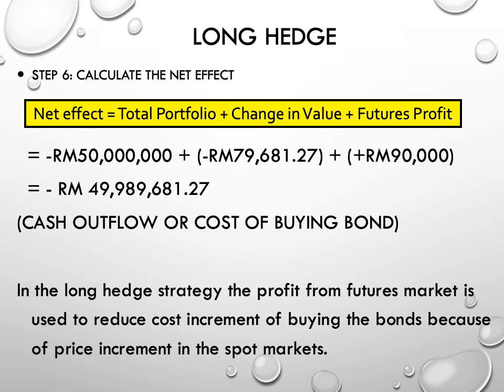It is higher. But by using long hedge strategy, the investor makes some profit from futures market. So that profit is used to reduce total cost of buying bond. So instead of paying 50 million and 79,000, the company just pays 49 million to buy the bond in March.